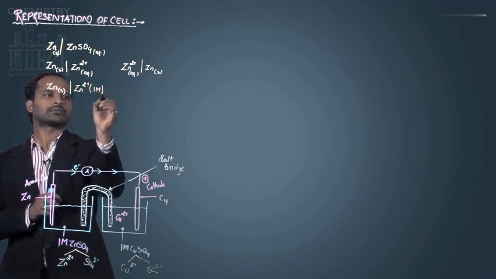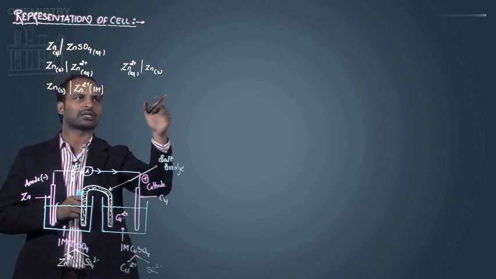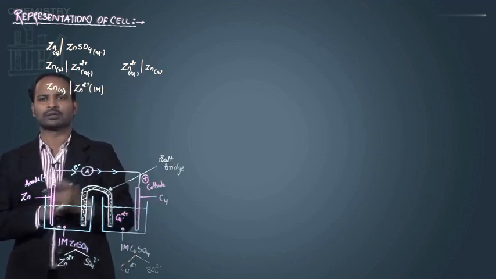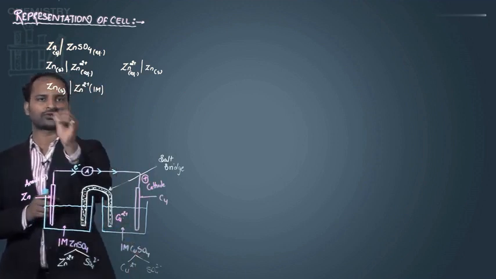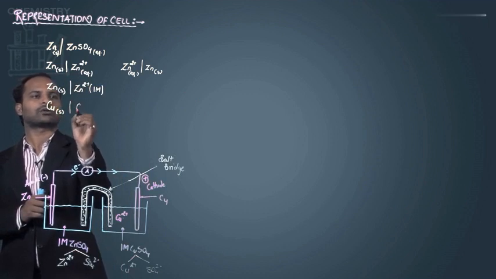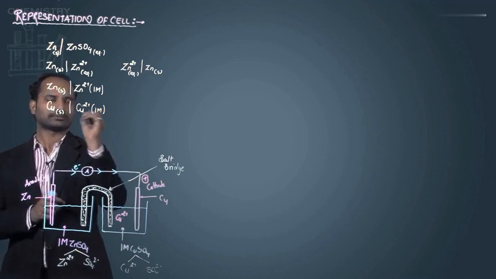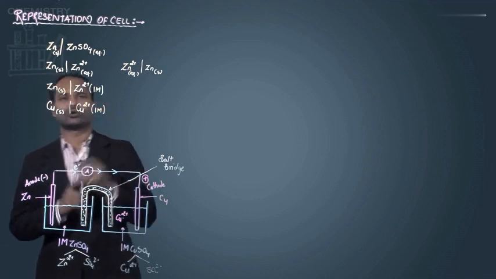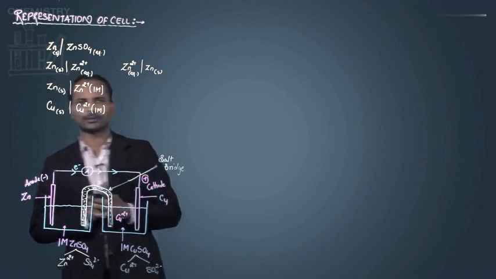Similarly, I can write zinc ion first, then 1 molar, and then zinc. This is the first one. Then we have the copper electrode: copper in solid state, and then copper ion whose concentration is again 1 molar. So this is the first half cell, and this is the second half cell.